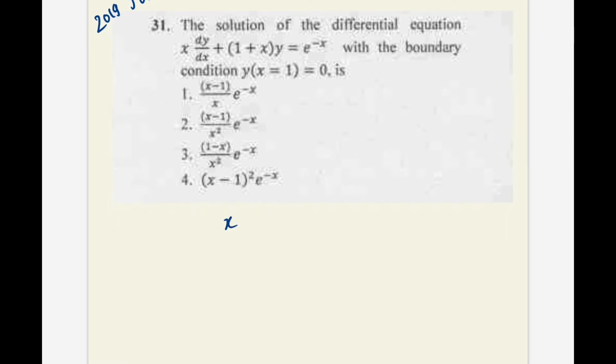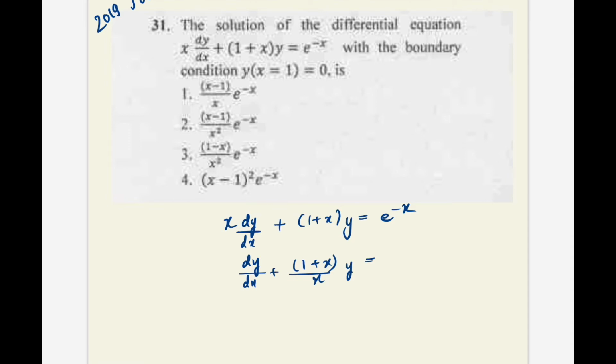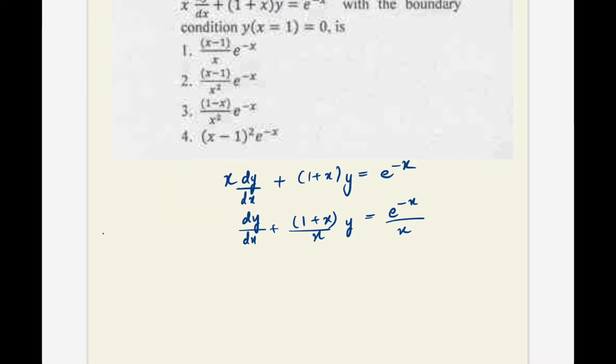Dividing by x on both sides, we get dy/dx plus (1 plus x)/x times y equals e to the power minus x upon x. This is a linear differential equation of first order.